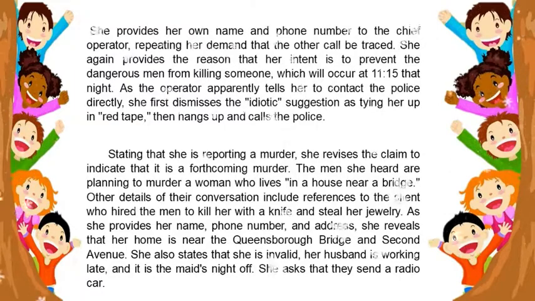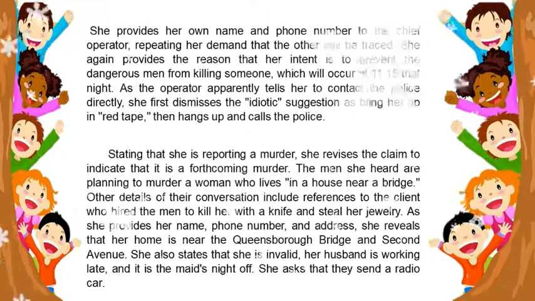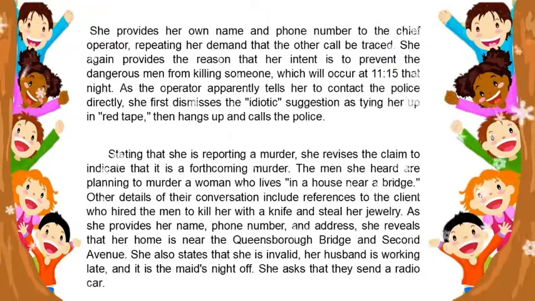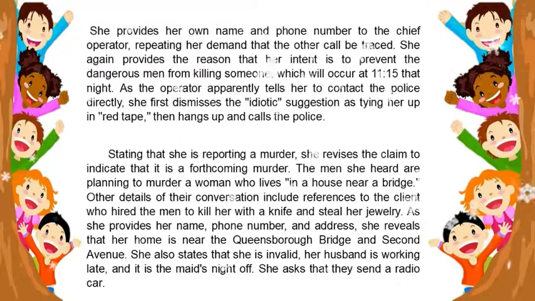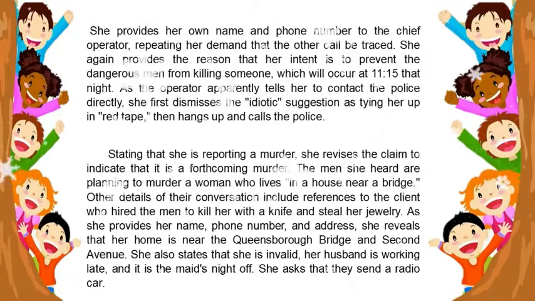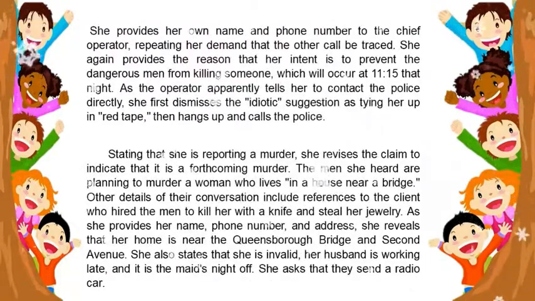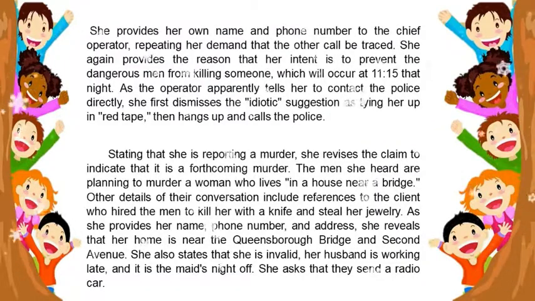As the operator apparently tells her to contact the police directly, she first dismisses the idiotic suggestions as tying her up in red tape, then hangs up and calls the police, stating that she is reporting a murder. She revises the claim to indicate that it is a forthcoming murder.